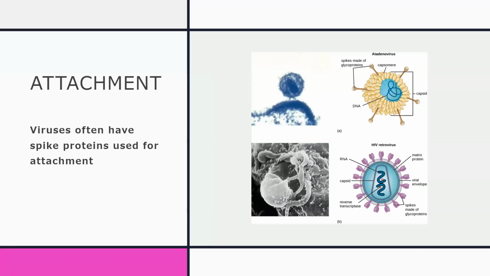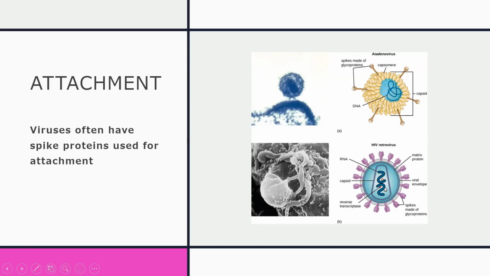Now, viruses will usually have some sort of spike protein used for attachment. So on this naked virus here, we see that these spike proteins are glycoproteins that are used to attach to cells. And we can see that in this electron micrograph here. We can see the little spikes coming off.